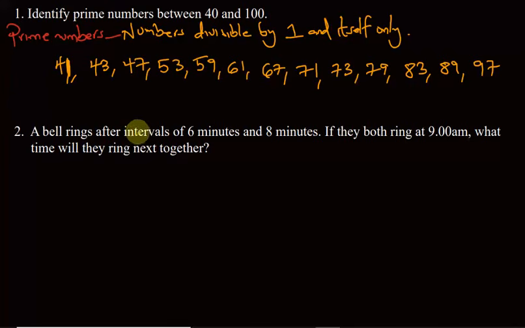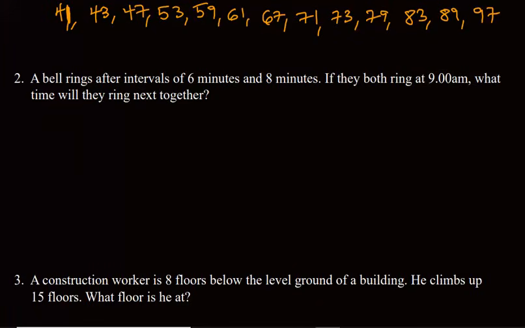A bell rings after intervals of 6 minutes and 8 minutes. If they both rang at 9 a.m., what time will they ring together again? So we just do the LCM here. LCM of 6 and 8.